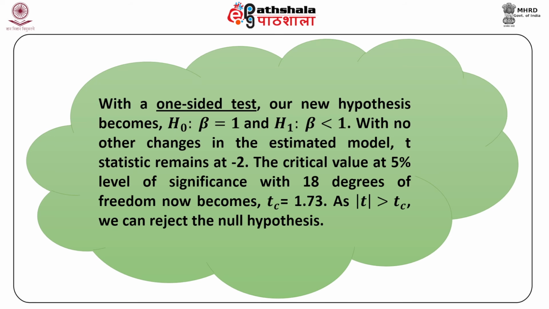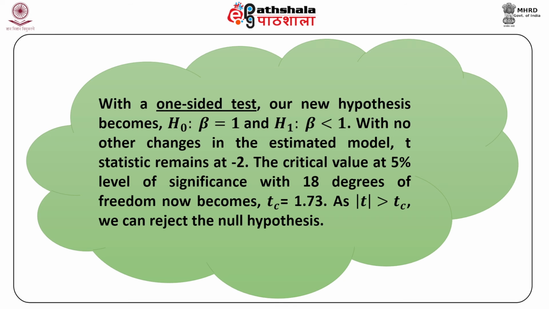But the critical value at 5% level of significance with 18 degrees of freedom now becomes Tc equal to 1.73. As you can see now that modulus T is greater than Tc, we can therefore reject the null hypothesis and conclude that the coefficient of wage inflation is less than 1. That is, the rate of price inflation is less than the rate of wage inflation.